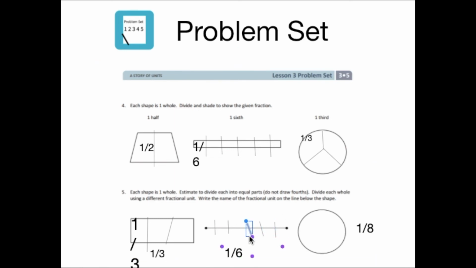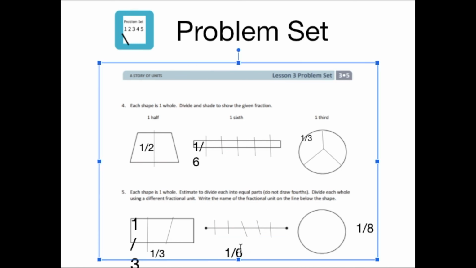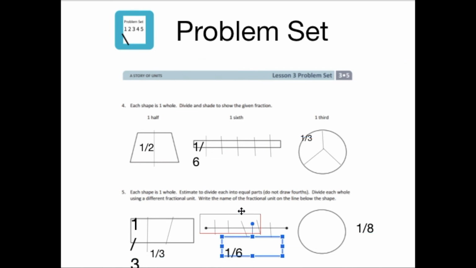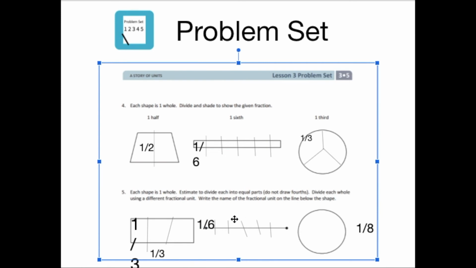Like I said, it's a little difficult on the computer to navigate, but in order for them to be truly equal parts, the lines should be a similar length away from one another. Anyway, I have attempted to show sixths. 1, 2, 3, 4, 5, 6. I can take my 1/6 and put it right there. That's showing 1/6 of my line segment.